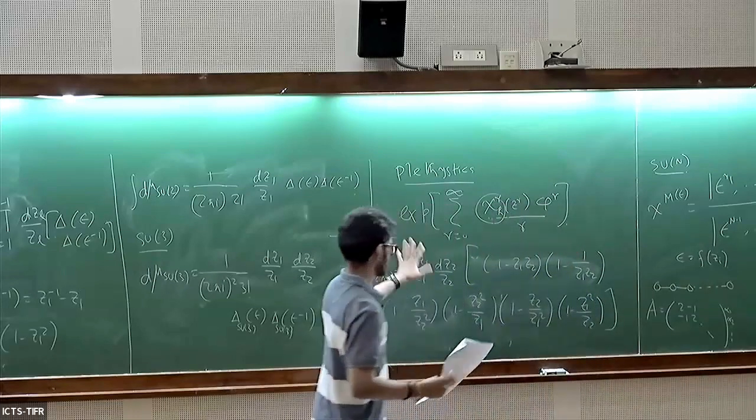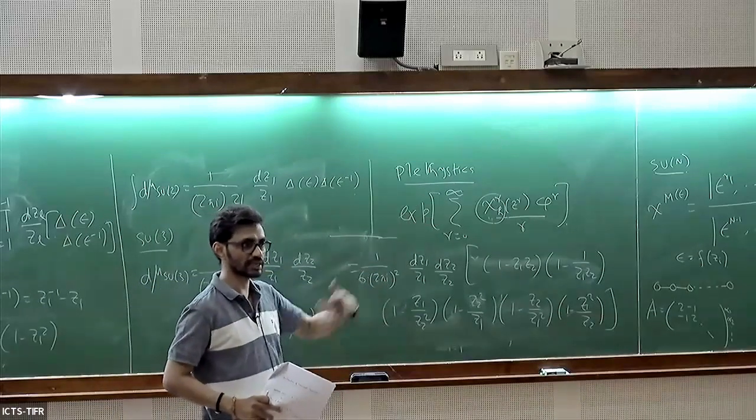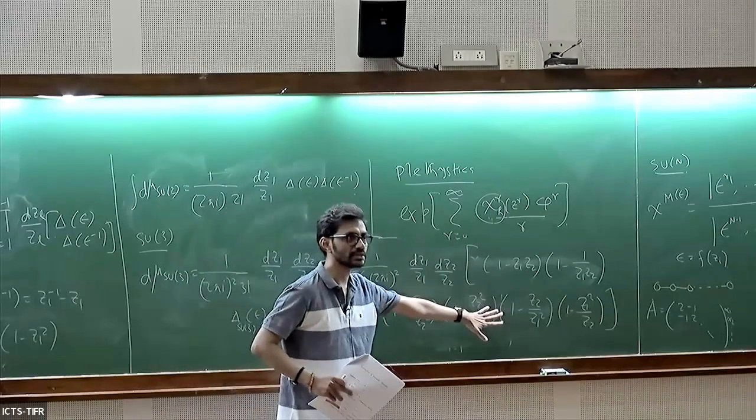So we have delta epsilon by this definition. You can calculate delta epsilon inverse by taking the inverse of the coordinates, you just multiply and you should get this answer.